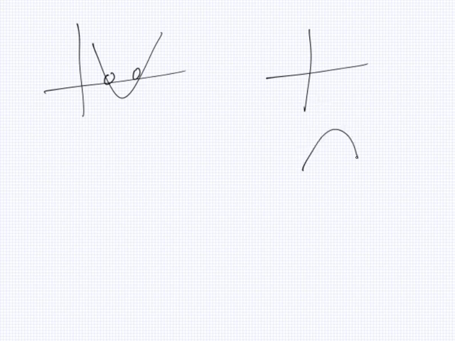So for some values of k, it will have 2 solutions. And maybe for some values of k, it'll have no solutions. And we were trying to find for what value of k it will have one solution. What happened? Were we able to find that k? No, because the value of k changed the quadratic into what?